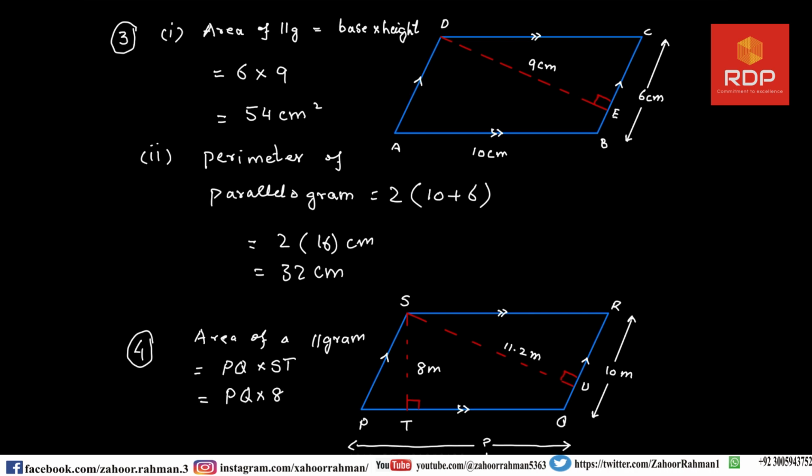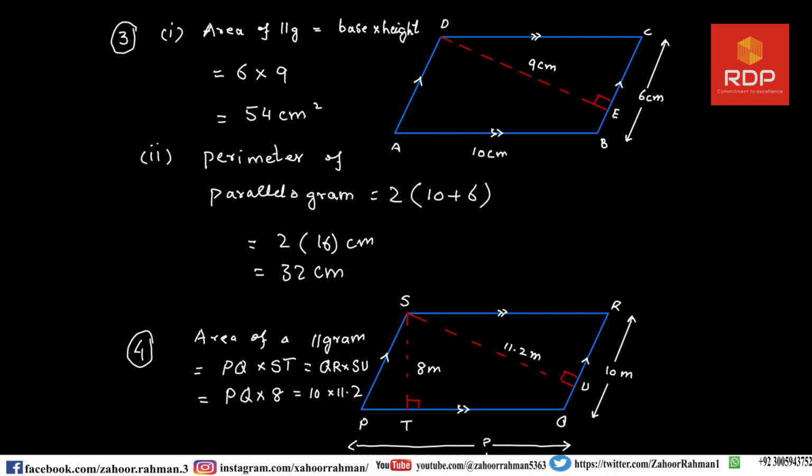This is 8 meter, and then we can see that 10 into 11.2 is equal to this, because here we can write that QR into SU.